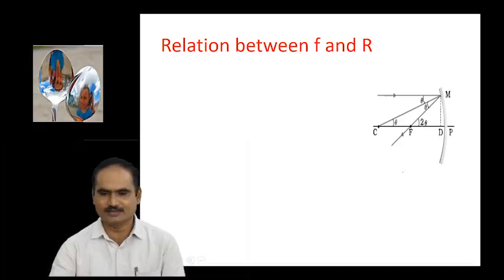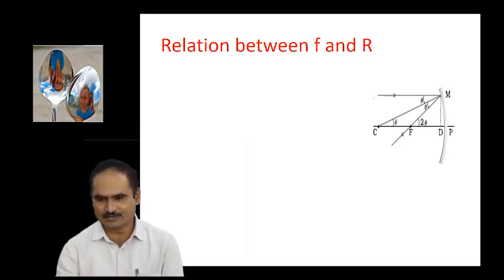You see here a light ray parallel to the principal axis is passing like this and incident on the reflecting surface. Then after that it will pass through the principal focus, right?